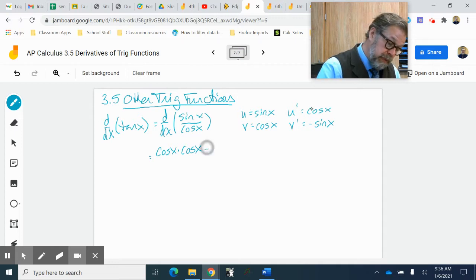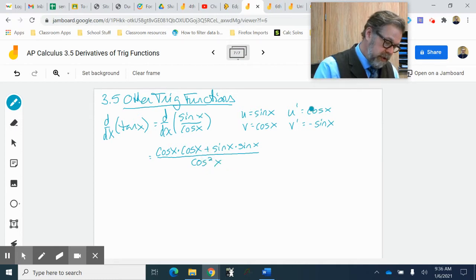Oh, well, that's plus sine times sine, all divided by v squared, cosine squared. Notice there's the squared that I mentioned last video. So cosine squared plus sine squared, well, the Pythagorean identity says that that's equal to 1. So this becomes 1 over cosine squared, which is secant squared.